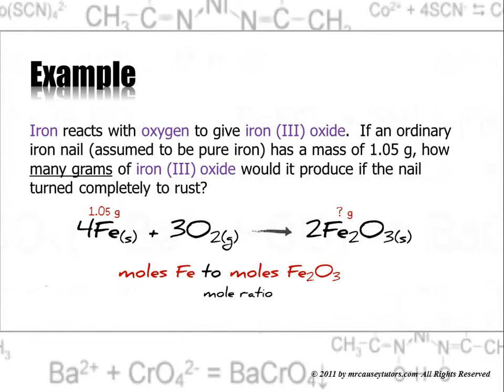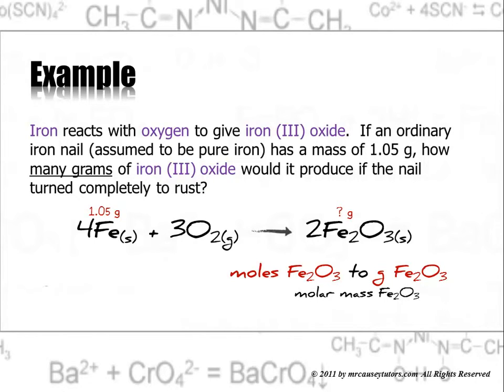And I'm going to use the mole ratio for that. And the mole ratio in this case is 4 moles of iron to 2 moles of iron 3 oxide. Then I'm going to take the moles of iron 3 oxide and change it to grams of iron 3 oxide. And for that I'm going to use molar mass, which is 159.7 grams per mole. And that's just by adding everything up in that molecule, or actually that's a formula unit.